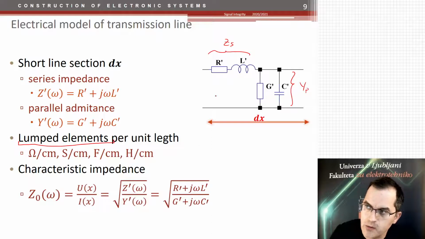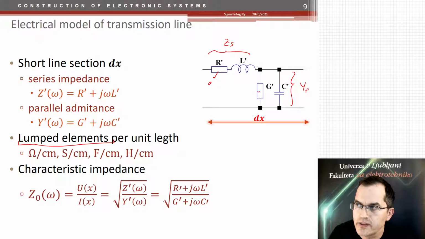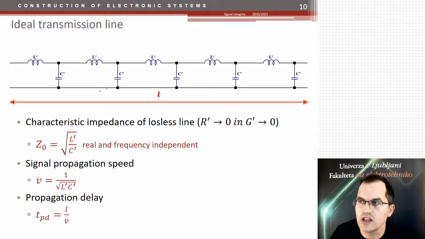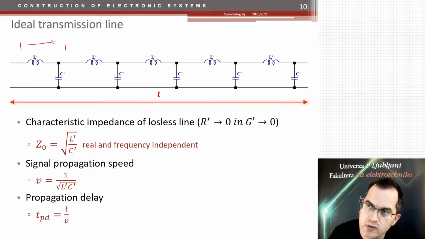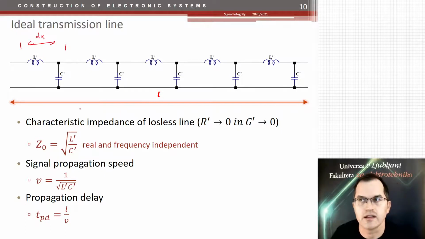But if we have an ideal transmission line, that resistor would go to zero and that conductor also. That means we have ideal copper lines and no current flowing between the line and the ground, so an ideal dielectric. And then this transmission line would change into that one. So we have an ideal lossless transmission line of some certain length, and each section represents a small dx of that length.